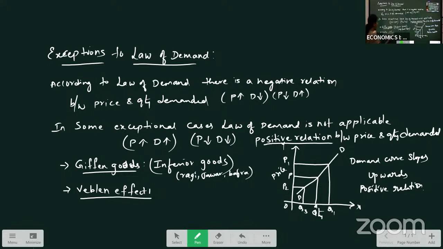So we can say this is the Veblen effect. These goods are called Veblen goods or prestigious goods.